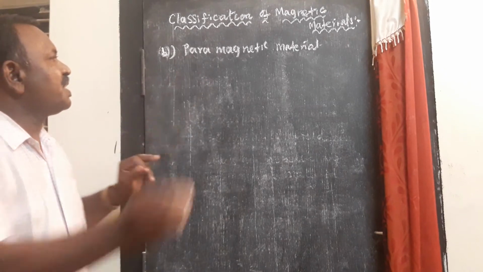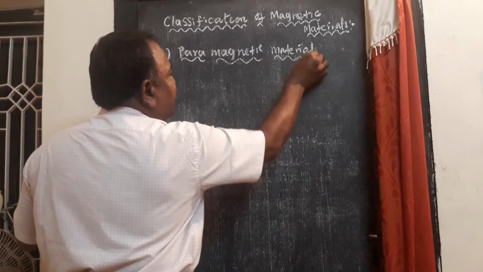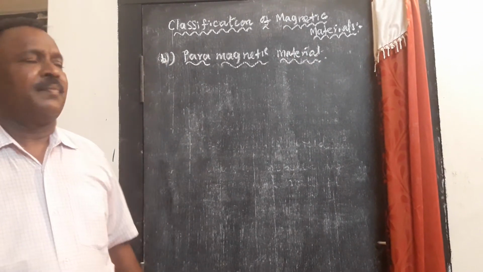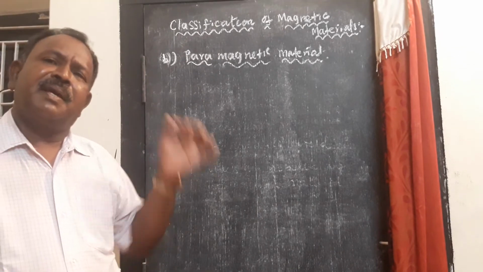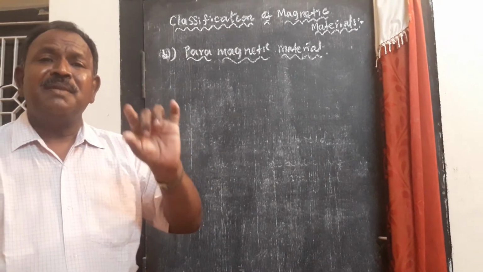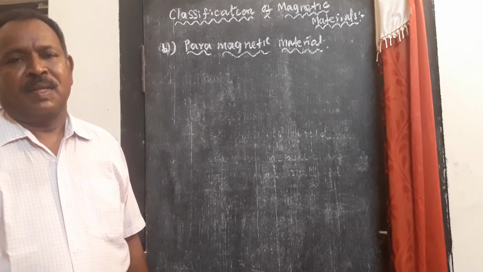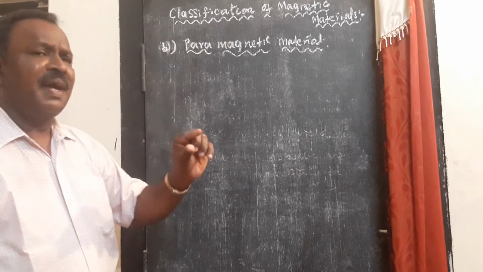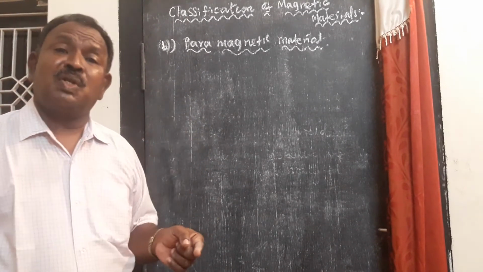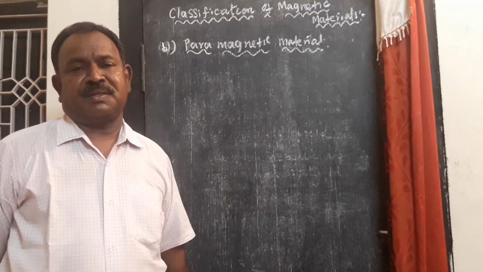Next we are going to see the properties of paramagnetic material. So what are called paramagnetic materials? These are the magnetic materials whose atoms have a resultant magnetic moment. Every atom, due to the orbital motion of the electron, produces an orbital magnetic moment.